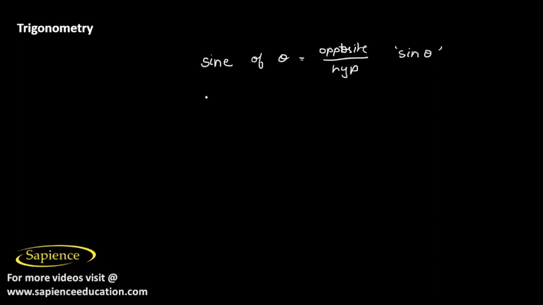Now the second trigonometric ratio is cosine. Cosine of theta says you need to take the ratio of the adjacent side to the hypotenuse. And cosine theta is written as cos theta.